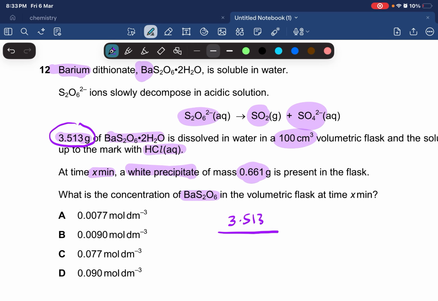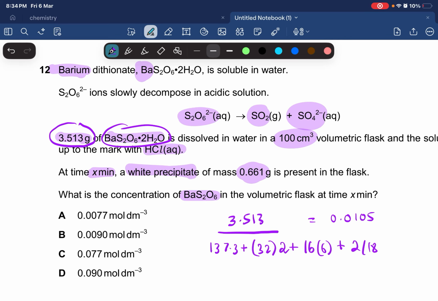For oxygen, 16 times 6 plus 2 times 18. So I've written 137.3 plus 32 times 2 plus 16 times 6 plus 2 times 18. That's the MR of this entire compound. And we get 0.01054 moles.